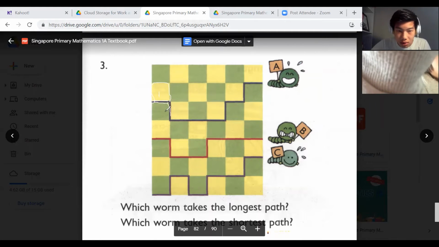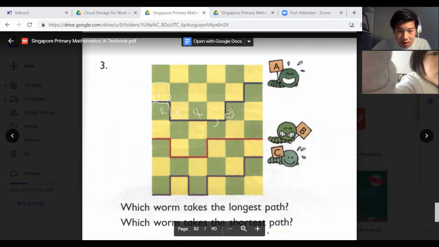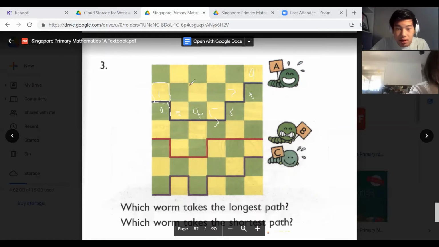This blue line here would be two. And then you would have 3, 4, 5, 6, 7, 8, and 9. Sorry for the bad handwriting. Okay, so the first blue line has 9.